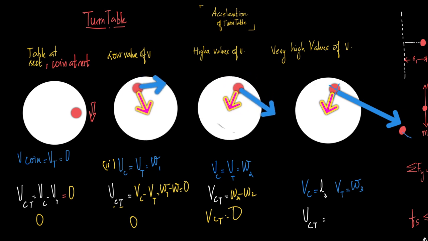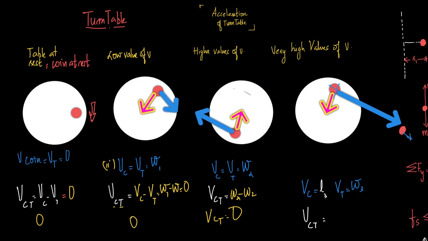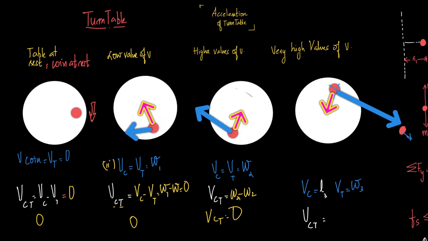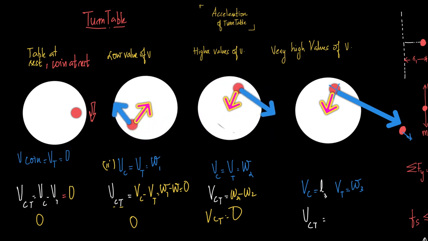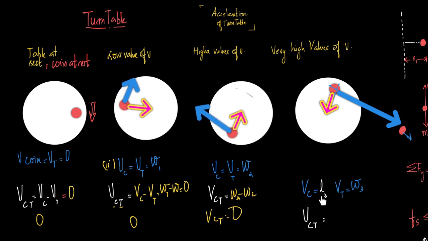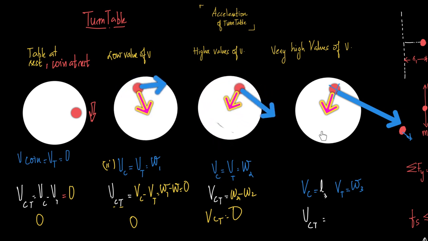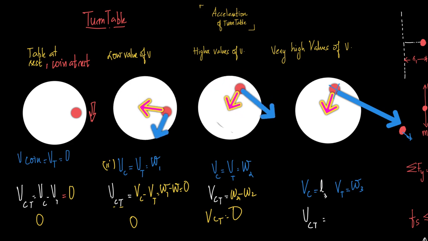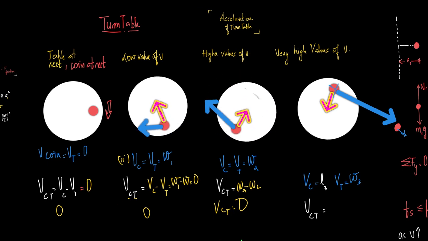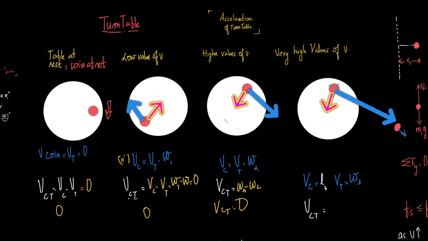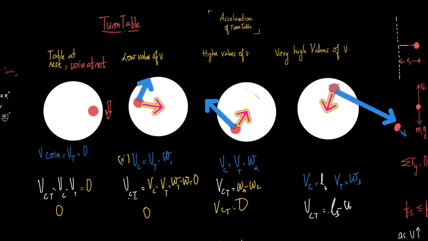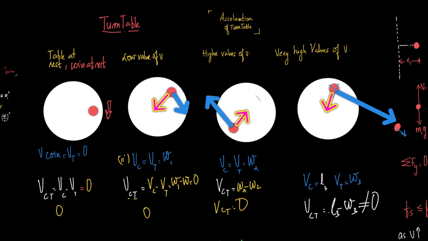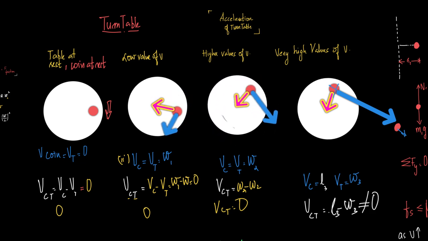The coin is moving away with some velocity. Now the coin has left the table. It is moving with some other velocity, right? Let us call that velocity L3. But the table will still be rotating with velocity V3. And now if you see, velocity of coin with respect to table is actually equal to L3 minus omega 3, which is definitely not equal to 0, right?